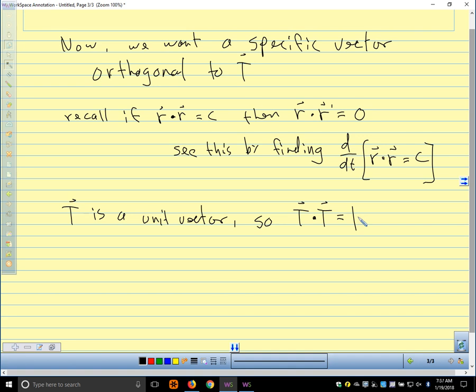A vector dotted with itself is its magnitude squared. T dot T is 1. And T dot T prime equals 0. So T prime is orthogonal to T.